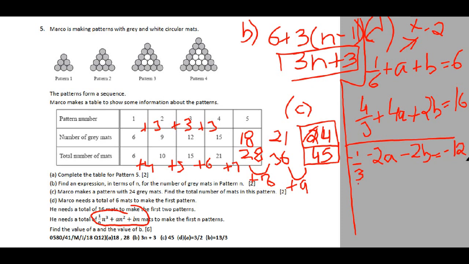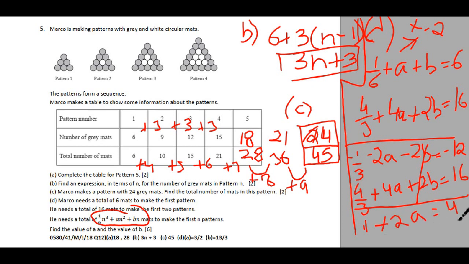Then we'll write the same equation again, 4 over 3 plus 4a plus 2b is equal to 16. Add all of these to eliminate 2b. So minus 1 over 3 plus 4 over 3 is simply 3 over 3, which is 1. Then we have plus 2a is equal to 4. So a is equal to 3 over 2.